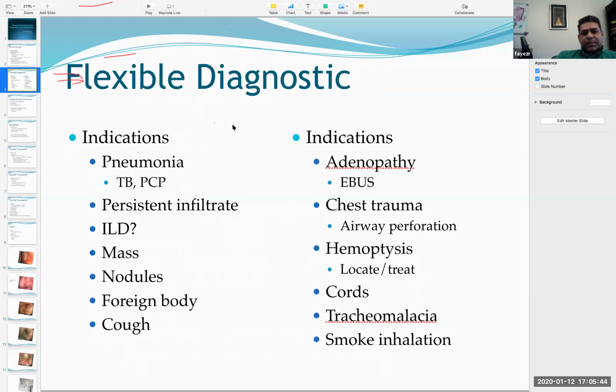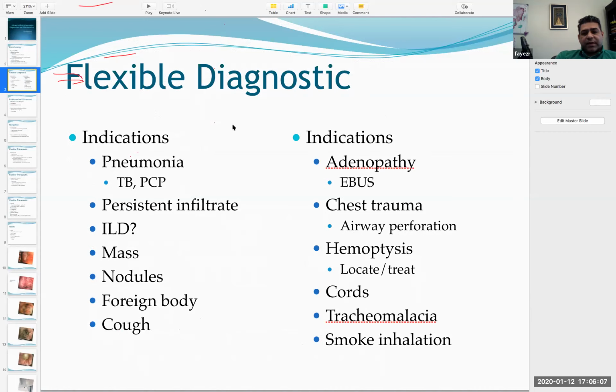Flexible diagnostic bronchoscopy can be used for pneumonia. A lot of times pneumonia gets diagnosed either clinically or you get a sputum sample, but sometimes you have other complicated patients who might have TB and or pneumocystis pneumonia.